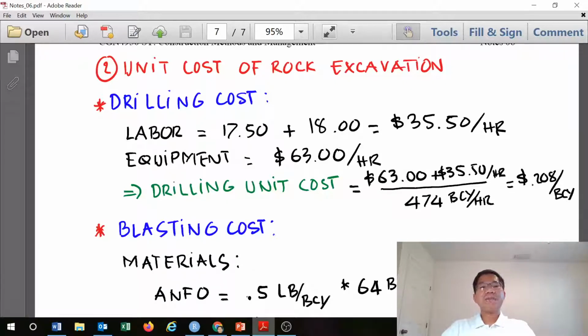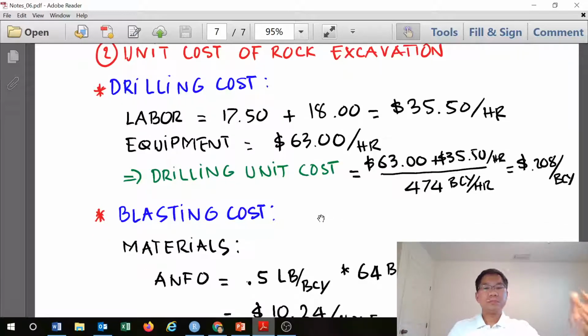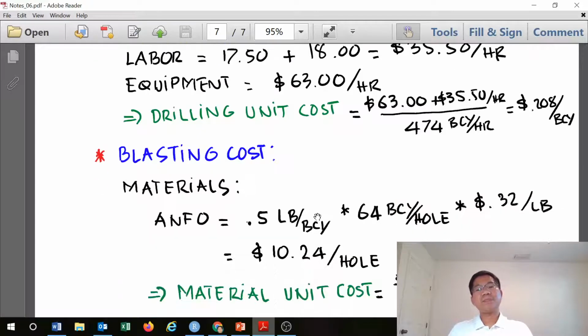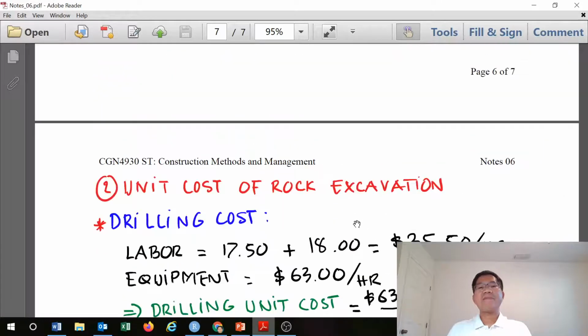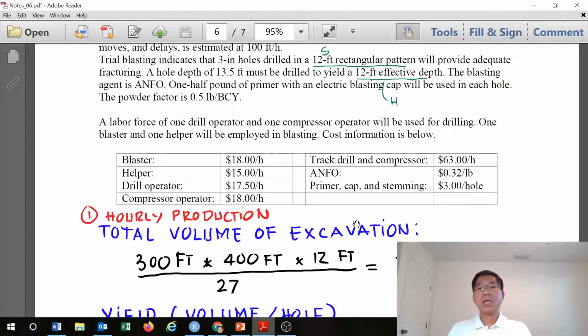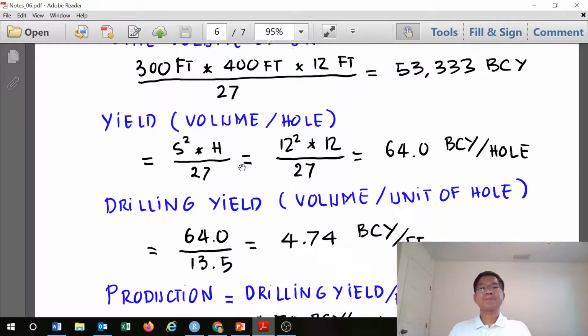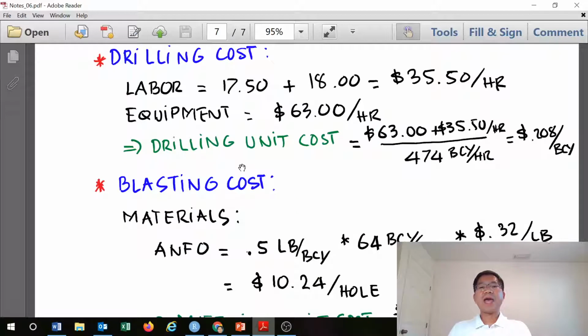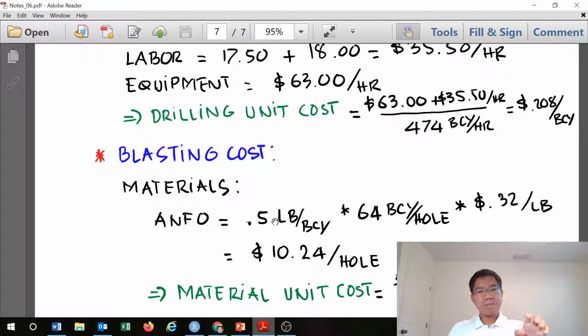Now the same step for the blasting, because to loosen the rock we have to drill and blast. For blasting, we have material, explosive, in this case ANFO. And for ANFO, the powder factor here is 0.5 pounds per bank cubic yard. So to yield 1 bank cubic yard of rock, we need to put in 0.5 pounds of explosive. So we need 0.5 pound per bank cubic yard.